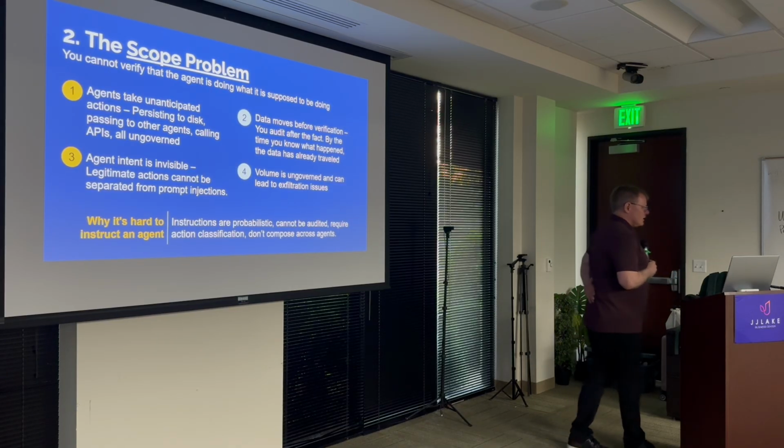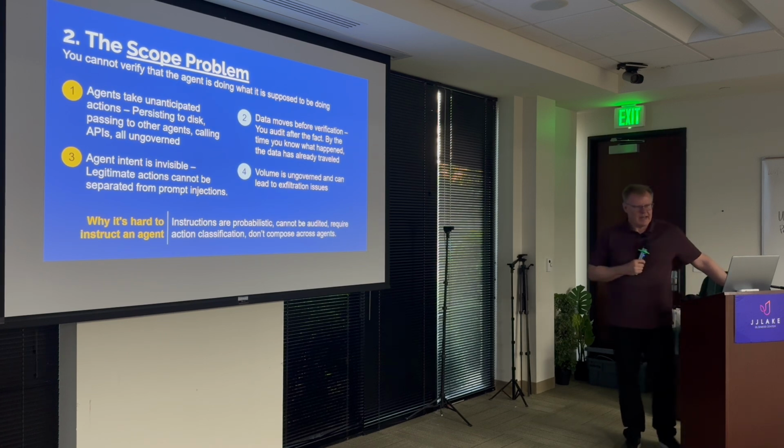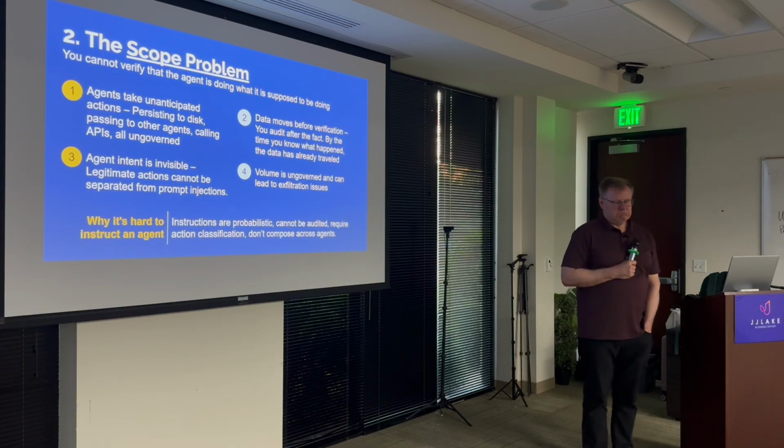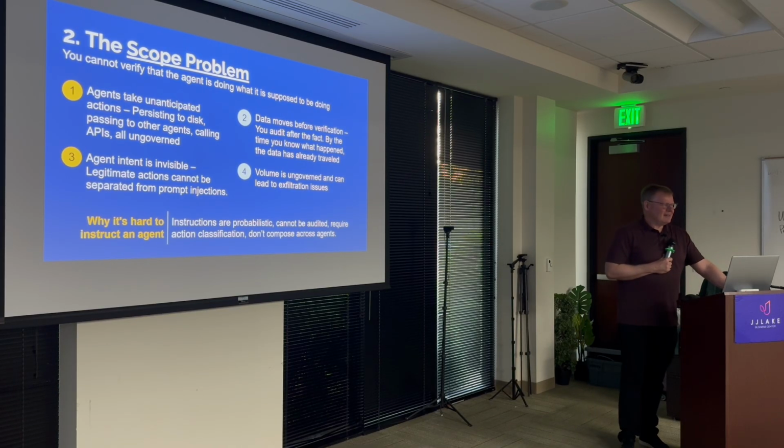The AI agent is doing a variety of things. And there have been documented cases in the past where the AI agent does stuff like persist your data to another disk, or send it to a mail list, or pass it to other AI agents. Is that really what you intended? Probably not. You probably didn't want it to do any of those things.